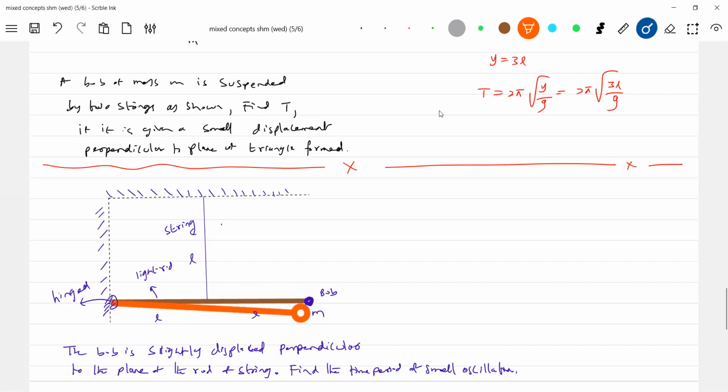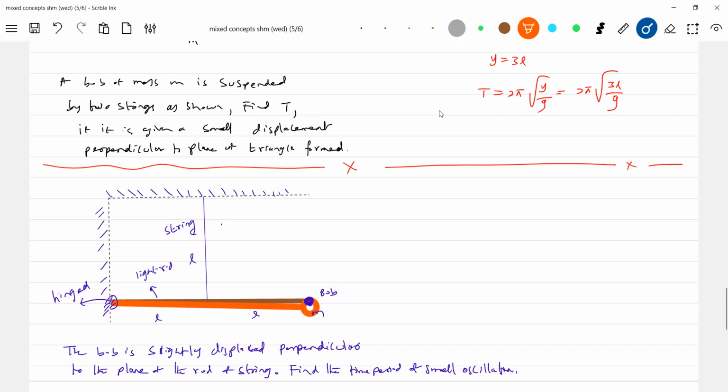I think I'm able to show the thing very systematically. So the bob is displaced slightly, perpendicular to the plane of the rod and the string. So I think this is justified. Not like this, not like this. This is wrong. And it cannot go like this. This is also not possible. So it should be like this.